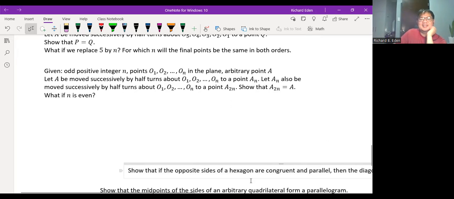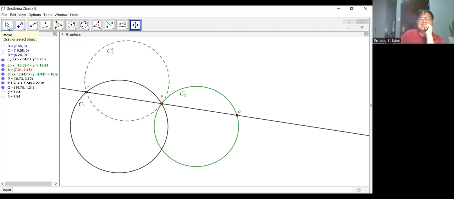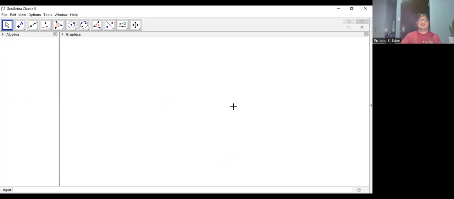Let's illustrate it. Okay, GeoGebra. Wait, is GeoGebra shared already? Yes. Okay, so we have an odd number of points.